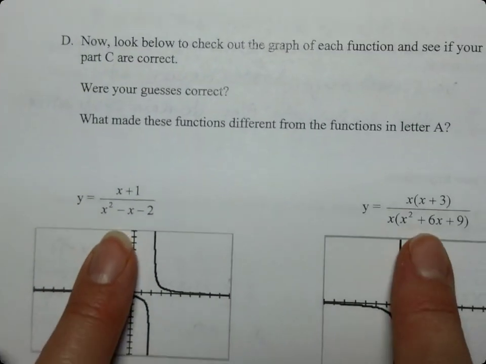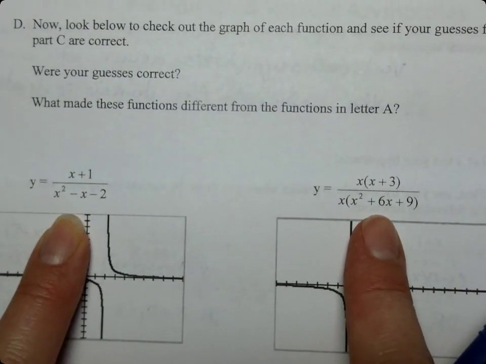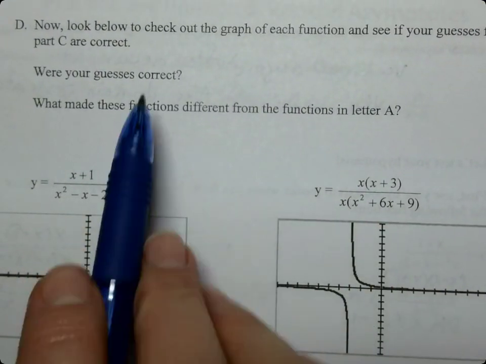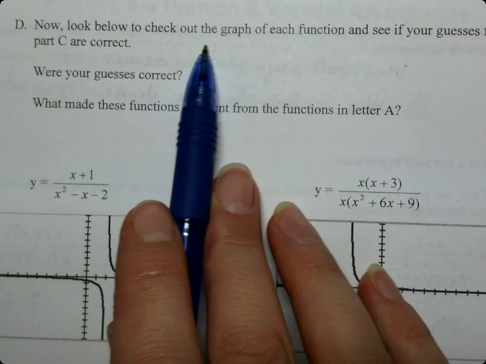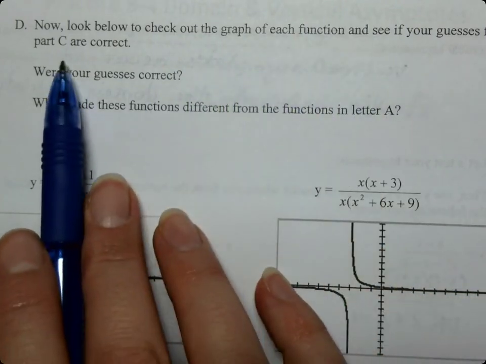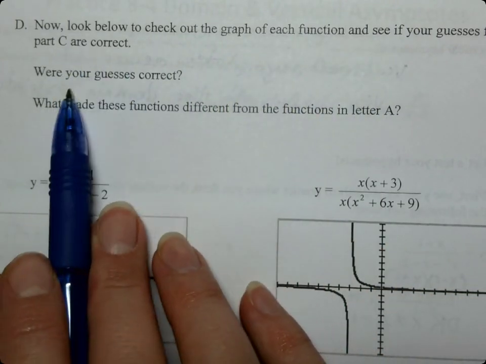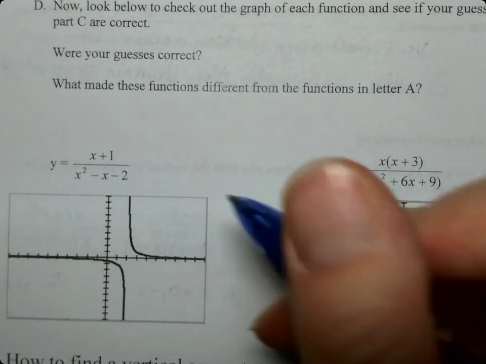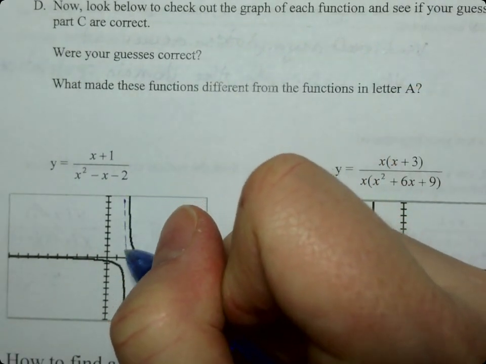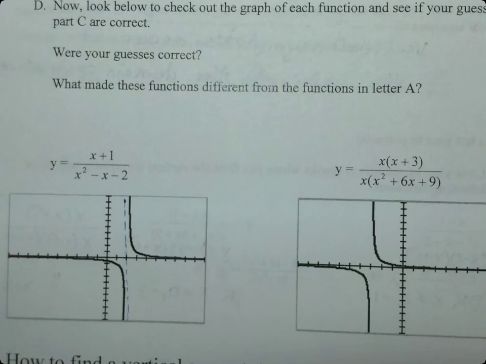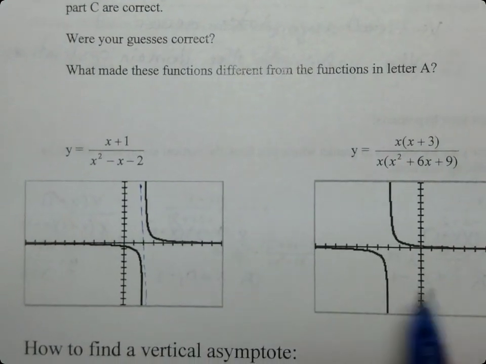These are the same two problems we just had. So if you look at this, it says, look below to check the graph of each function and see if your guesses from part C are correct. Are my guesses correct? Okay, well, look at this function. Sketch in that vertical asymptote. What would that vertical line be defined as? X equals 2.